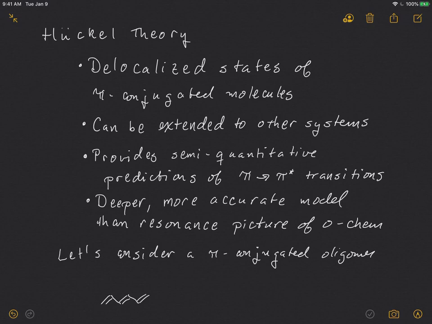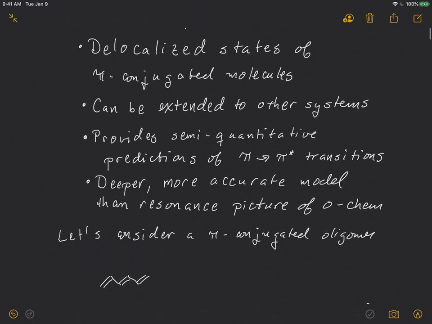It also supplies a deeper, more accurate model than the resonance picture that's first developed in organic chemistry, and so it provides better predictions of chemical reactions, relative stabilities, and say pi to pi star transitions, optical transitions in these systems.